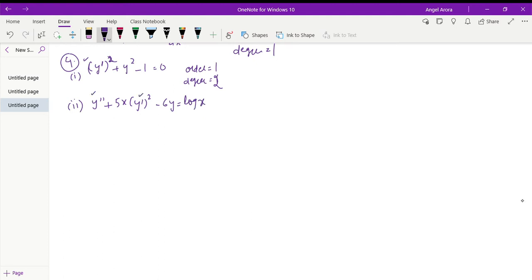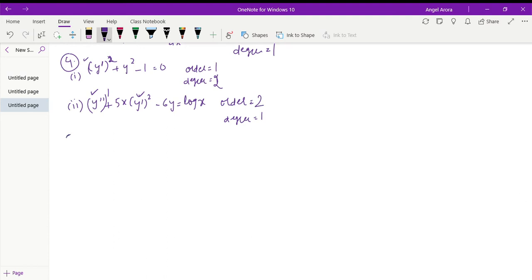So highest order derivative is of second order, so order of the differential equation will be 2. And degree, this is in polynomial form, this is also in polynomial form, so degree will be power of highest order derivative, so it will be 1.